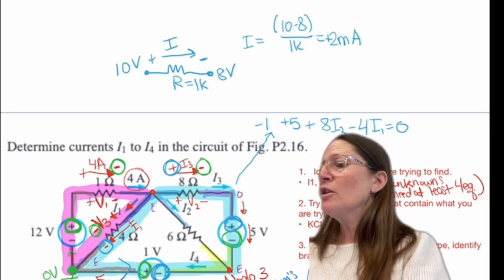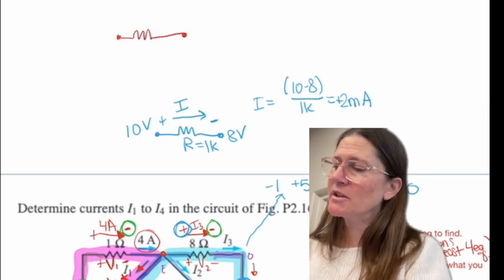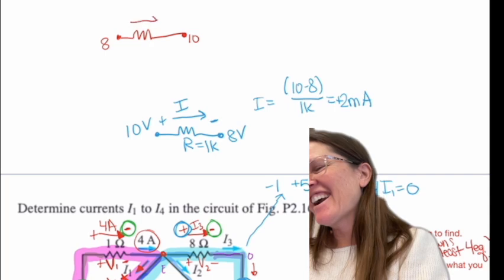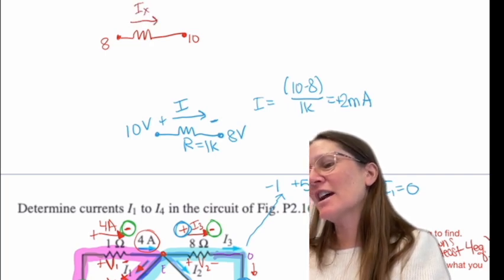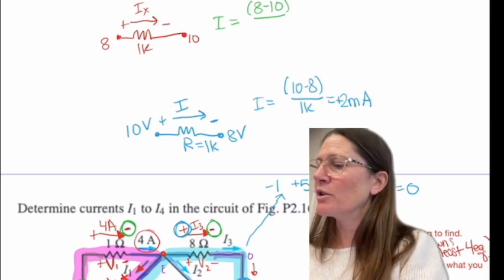Okay. If I have instead the orientation opposite, and I have 10 volts here, and I orient this current, I'll call it IX, then I is going to be 8 minus 10 over 1K.